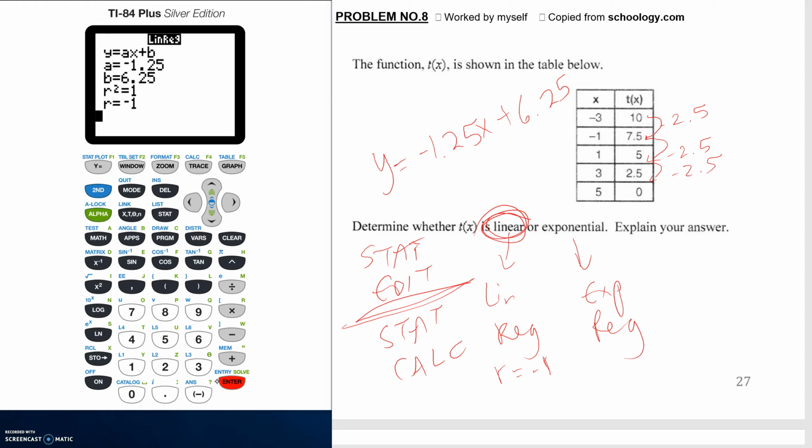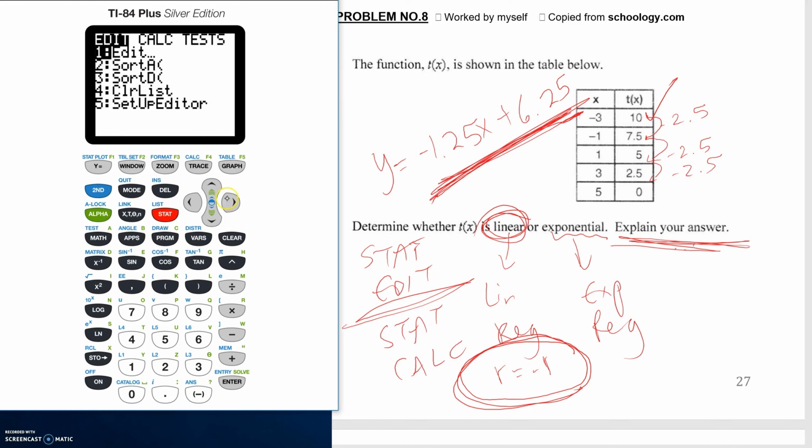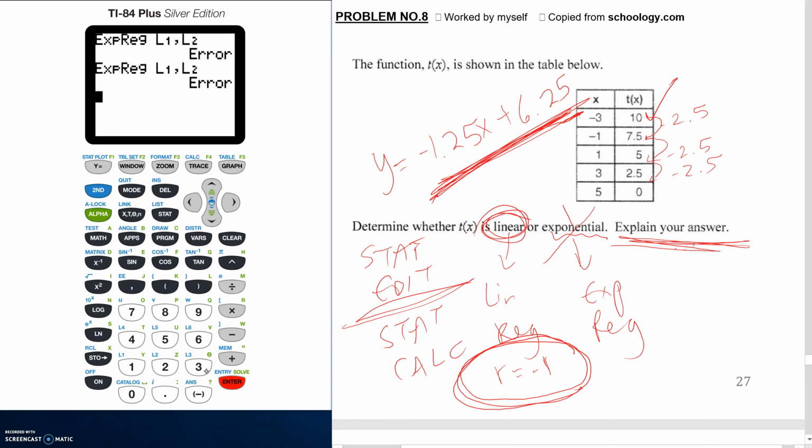You can explain your answer by saying I did it on the calculator and see a correlation coefficient of -1, or you could explain your answer by plugging in inputs and showing that you get the appropriate output in your equation. If we try exponential, stat, calc, 0 for exponential, you're going to see we get an error. So it's certainly not exponential, and you can explain that as well.